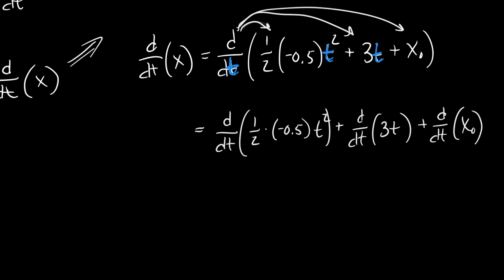Next, anything that's not t is a constant. And anything that doesn't change with t is a constant. They can be ignored and brought out front. For example, 1/2 and 0.5. Do they change when t changes? They are constants. They can be brought out front. Is 3 related to t? Does it change when t changes? No, it's a constant. We bring it out front.